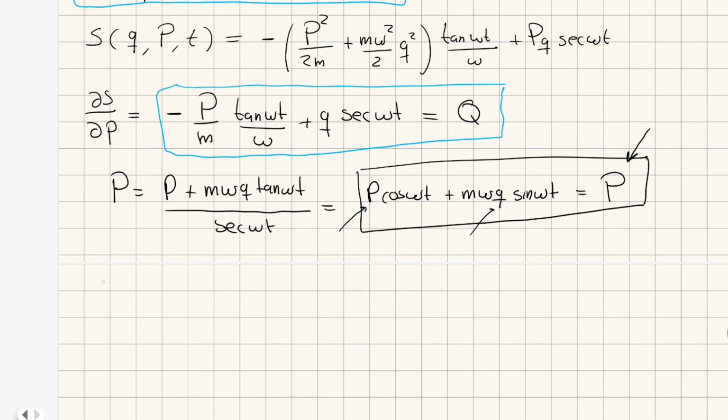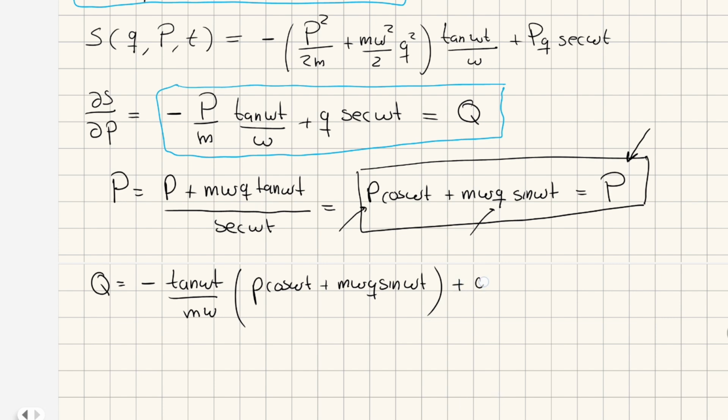So we get that q is going to be equal to, let's say, minus tangent omega t divided by m omega, and this is going to multiply little p cosine omega t plus m omega q sine omega t, and then plus q secant omega t.